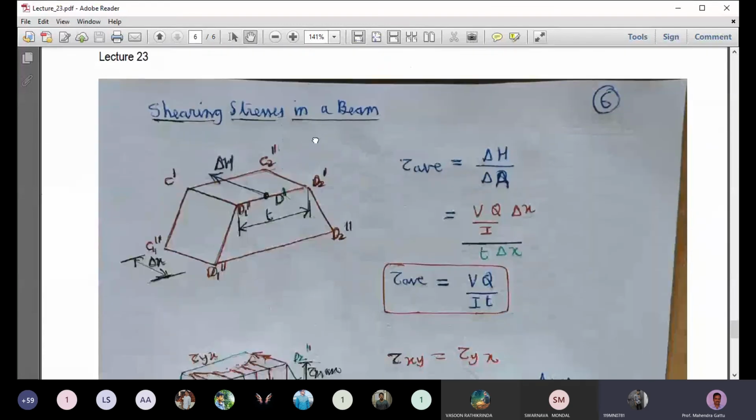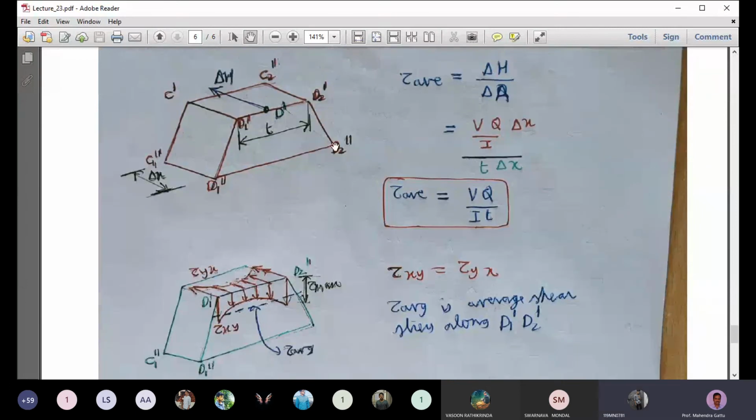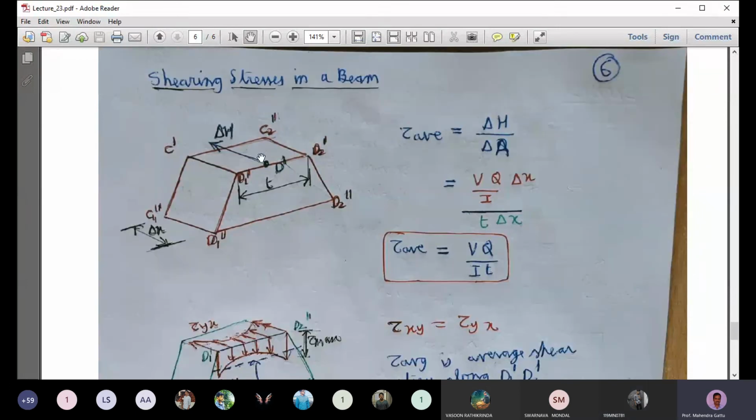So we'll go through some intricacies of the shearing stresses in the beam here. Previously, we discussed the horizontal force which is acting on that segment, and we are considering the bottom segment and looking at that horizontal shear force, which is delta H. The segment length is delta X here, and the width of the segment is t.